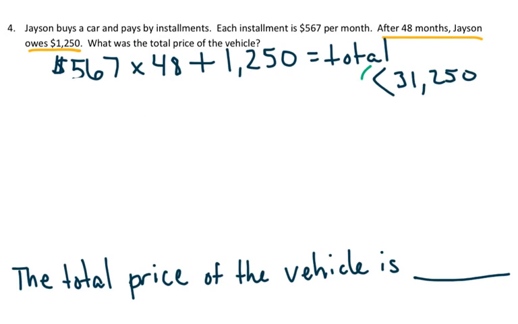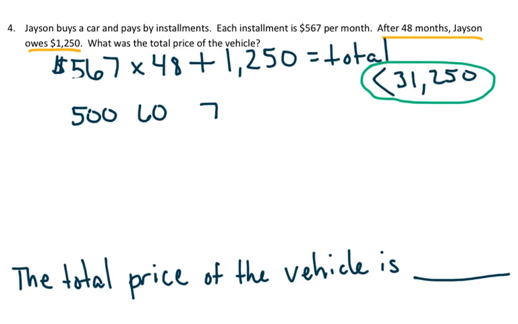All right, so now I'm going to solve this problem using the area model, and this time we have this 500, so we're going to need more than just the 2 by 2 rectangles. So we have 500, 60, and 7, and I have 48 over on the side.